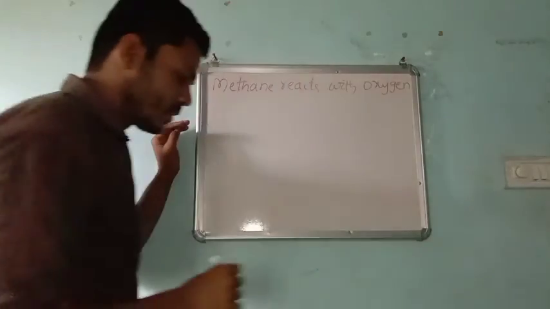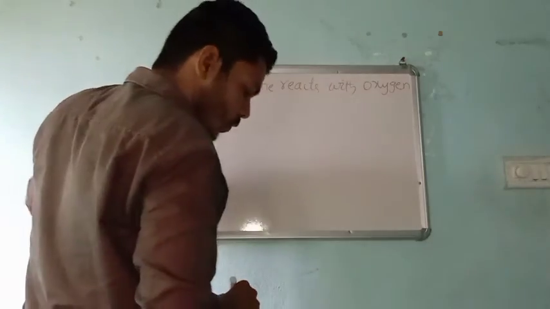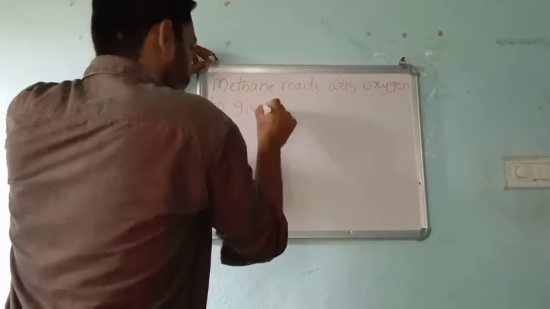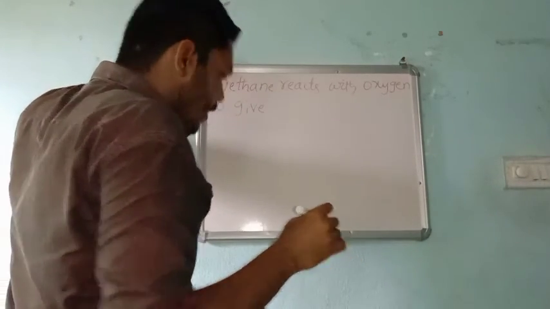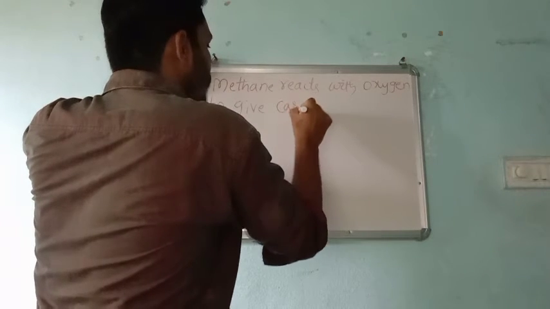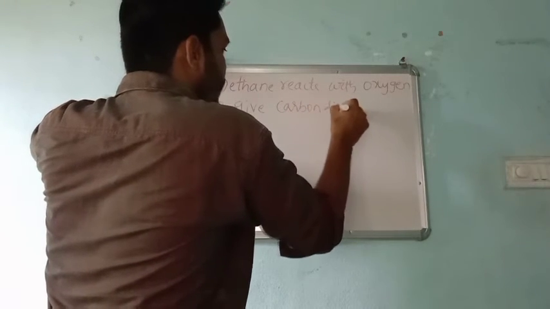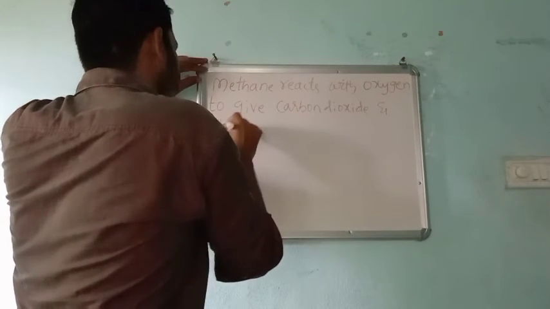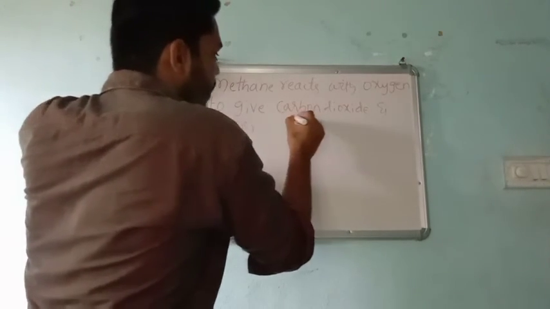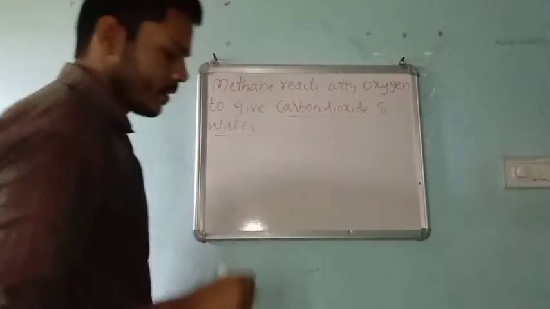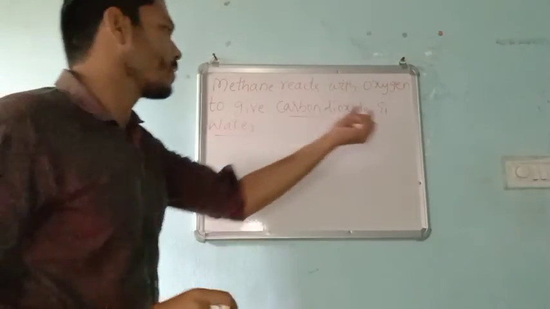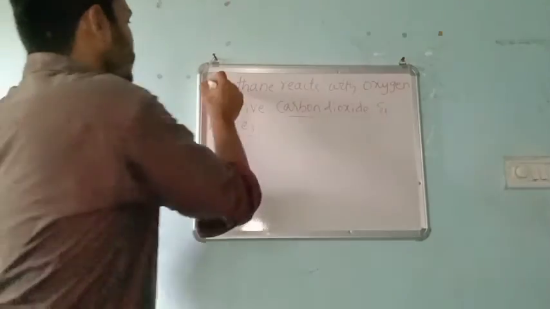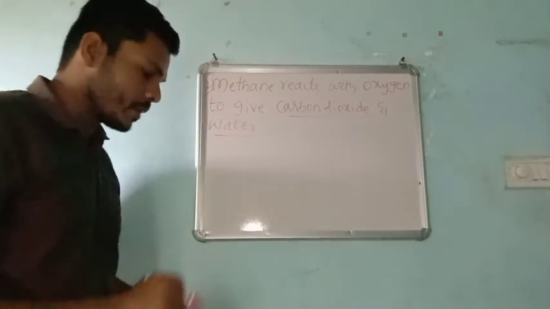Methane reacts with oxygen to form or to give, you can say anything, to give carbon dioxide and water. Right? Here there are two products. Don't forget, here we have two products, carbon dioxide as well as water. So this is the second assignment, I can say.